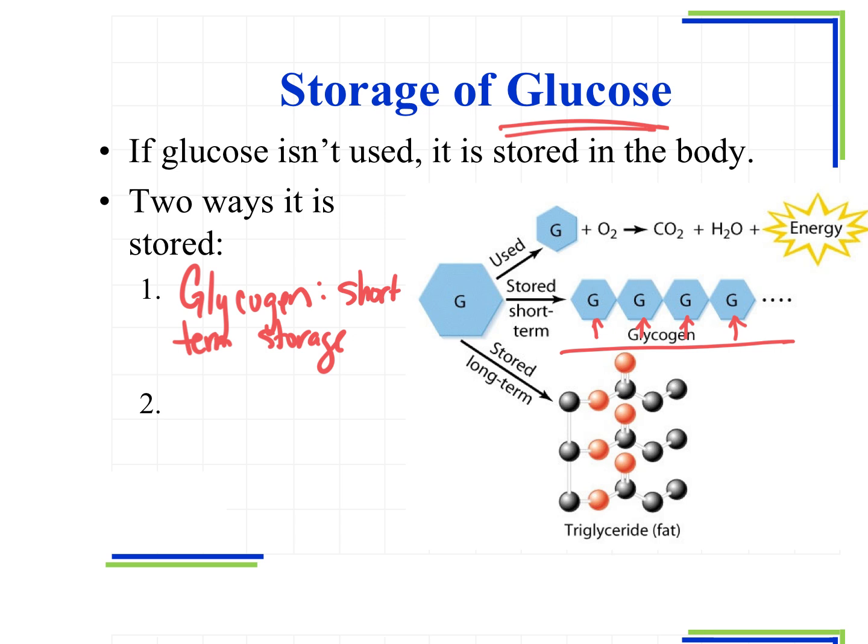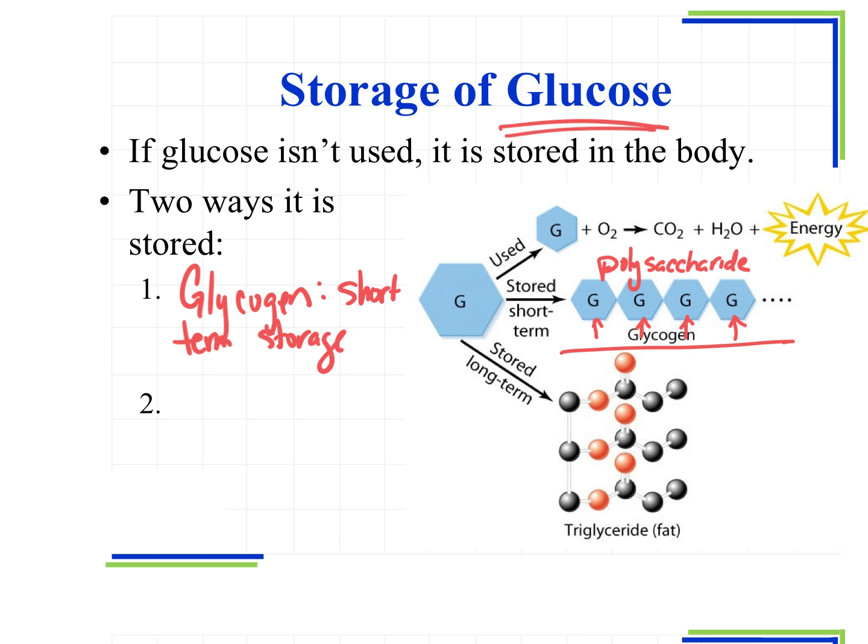So what we're seeing here is a polymer, okay? We call it a polysaccharide. Our body can store it as glycogen, and we'll look at this a lot more later when we are continuing in on this section.